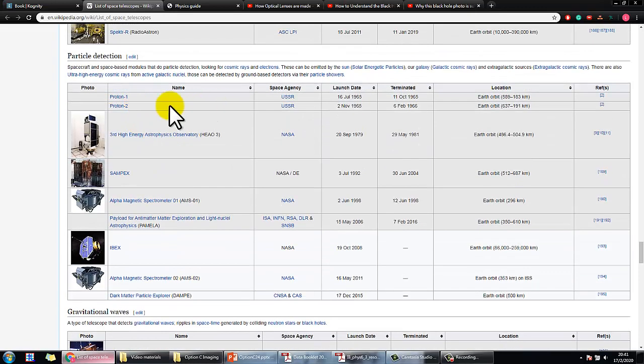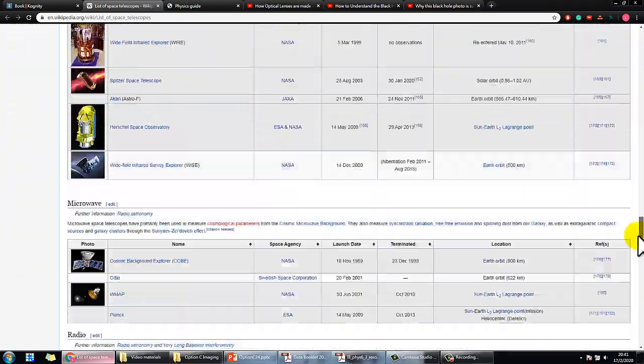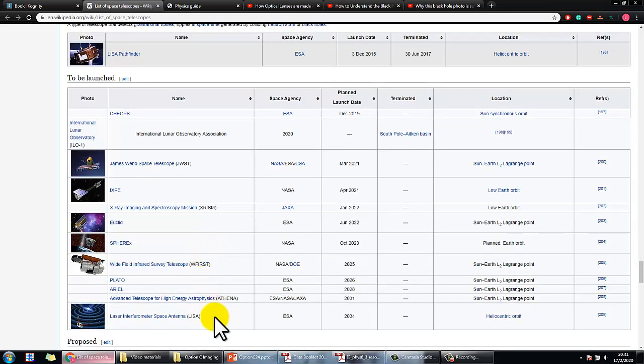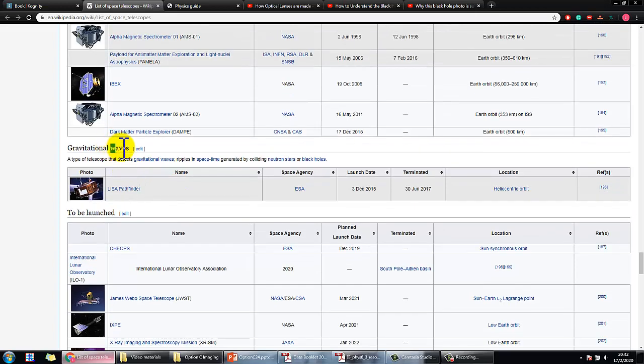Some of them appear in the previous ones, so maybe some of them can do multiple detection. And here, this is a very special one, gravitational waves. This is the one that, 2-3 years ago, was how people said Einstein's gravitational wave theory has been proven, and that was actually with the help of this satellite as well.